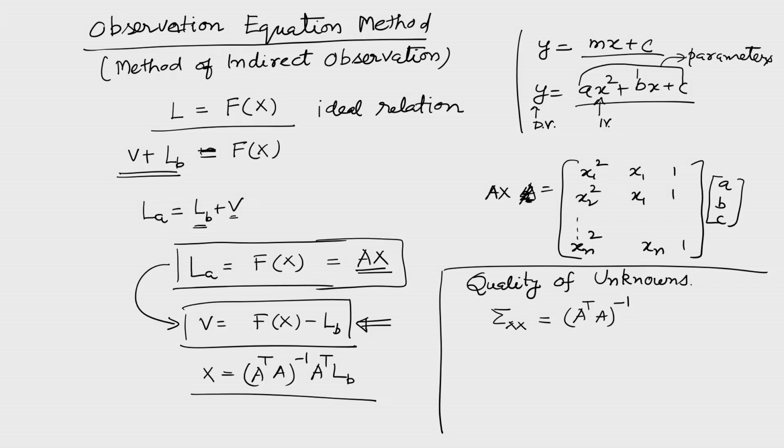That is the quality, and in the case of the linear example, sigma xx is sigma m square, sigma c square, sigma mc. That is the quality, or the covariance, of m and c. Remember, the quality of m will be sigma m, or the precision of m.